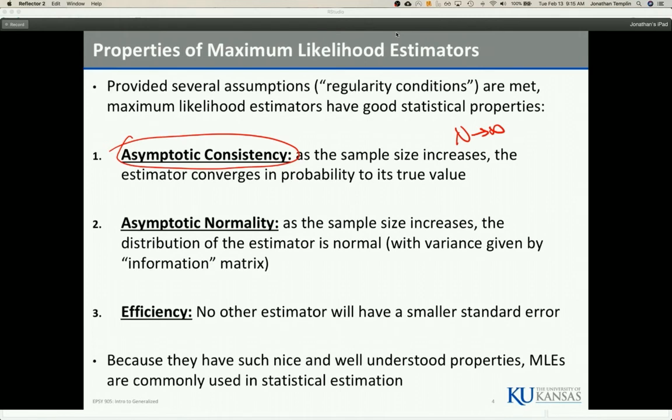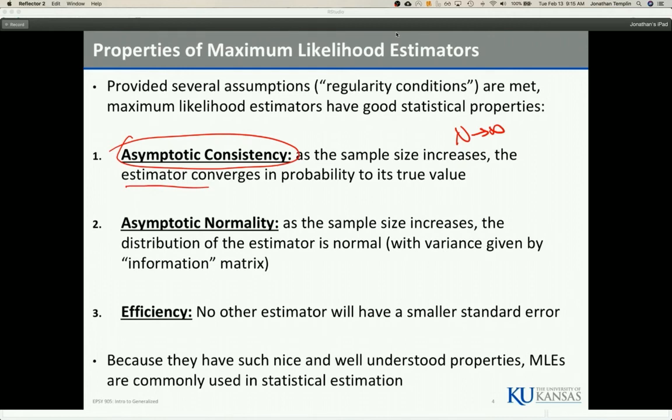What does that mean? So the estimates that come out of the computer have with probability 1 the true values of what they should be, meaning you get the right answer, which is a good thing to have.